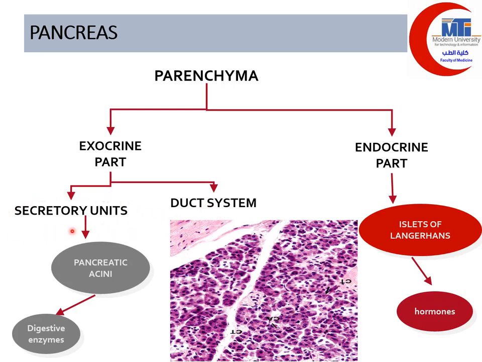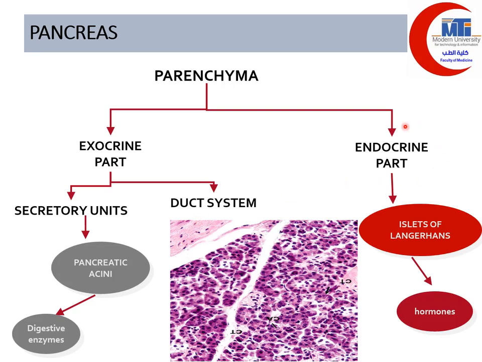The secretory units are called pancreatic acini. These pancreatic acini release digestive enzymes such as polypeptidase, amylase, lipase, and nucleotidase, all these digestive enzymes to help in digestion. So it's secreted through this duct system directly to the GIT, or the duodenum part of the GIT.